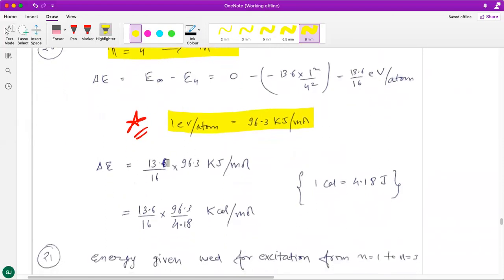So that delta E, instead of electron volt per atom, I can now write as kilojoule per mole. And still the answer will not match the question, because it is not asked in kilojoule per mole, it is asked in kilocalorie per mole. So I use this interconversion of calorie and joule to give the result in kilocalorie per mole. Instead of joule, I would write calorie upon 4.18, and this will get me the correct answer.